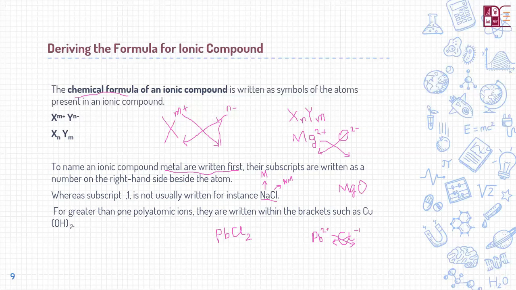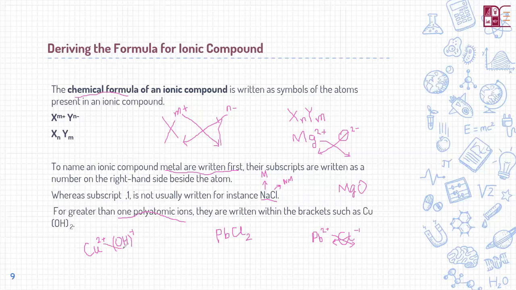And one more thing. If you have more than one atom in an ionic compound, it's going to be polyatomic ions. Polyatomic means more than one atom in an ionic compound. So they are going to be written within brackets. For example, copper is over here, it's 2 plus, and hydroxide ion carries a negative charge, so it's going to come within the brackets, and it's minus 1.